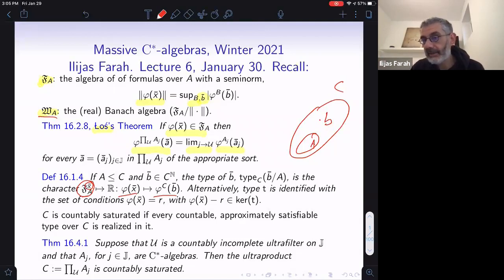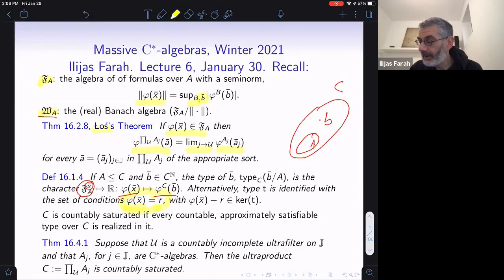But there was an alternative definition of type: to think of type as a set of conditions. And here is what a condition looks like. On the left-hand side, you have a formula phi of x bar. On the right-hand side, there is just a real number. This is very similar to what we did with degree 1 types. Such a set of conditions can be identified with a character.